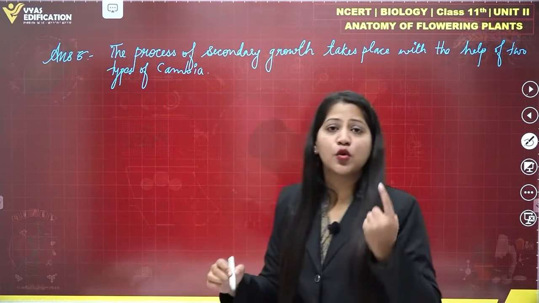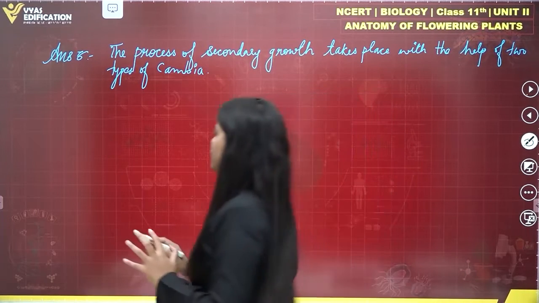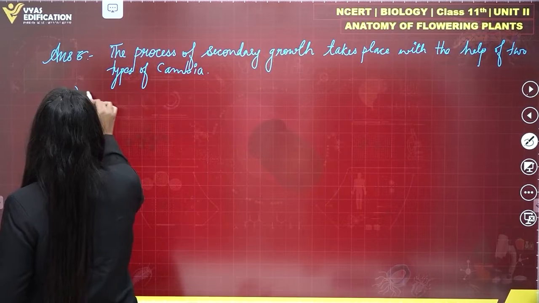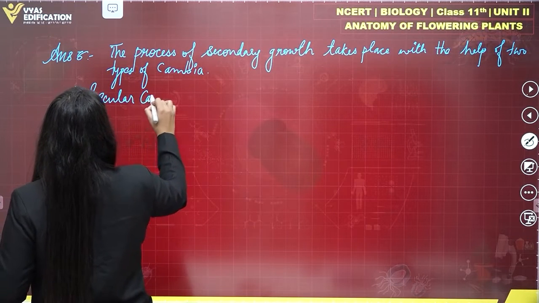The one we have is Cork Cambium and second one we have is Vascular Cambium. So first of all, let's write that is Vascular Cambium. First we are going to write Vascular Cambium.